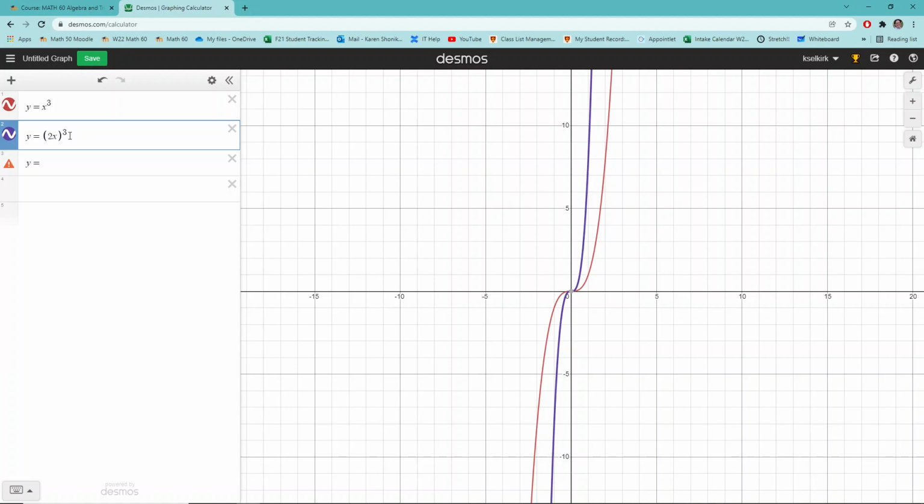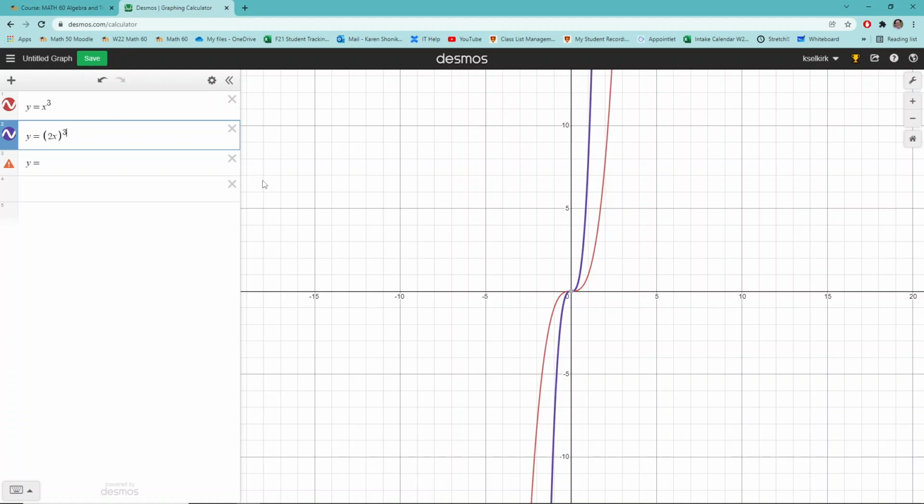All right, what happened? Well, something we didn't really expect to happen happened, maybe. So the red graph is my original graph, and the purple graph is my transform graph. What happened? From an x perspective, is the purple graph a horizontal stretch of the red graph or a horizontal shrink?